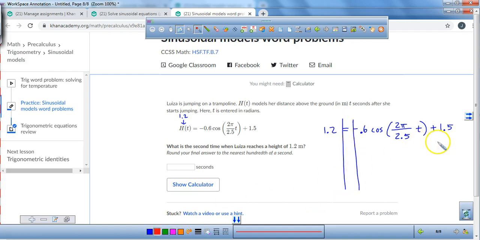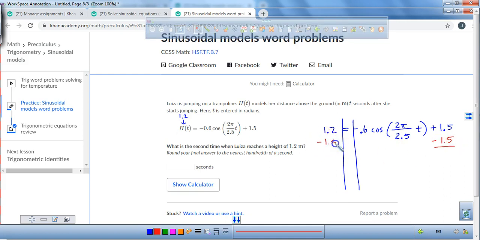Alright, first step, what we're going to do is take away 1.5 from this side, and take away 1.5 from this side. We get negative 0.3 equals negative 0.6 cosine. Okay, there we go.